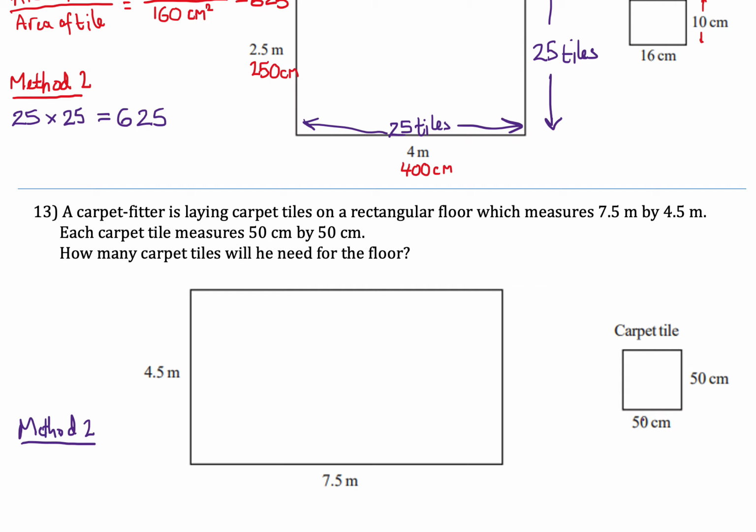So how many 50s go into 750? Well, 2 will go into 100, so 14 will go into 700, so 15 will go into 750. So I've got 15 tiles that way.